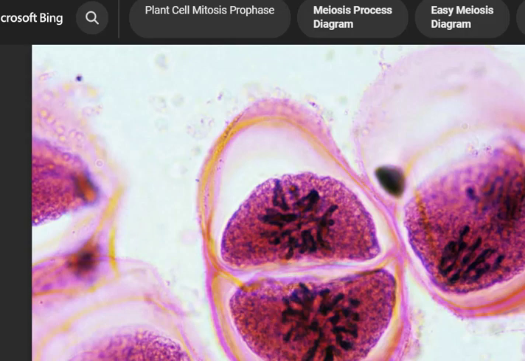There's a mirror image across from it. So that's the thing that gives it away. If you just saw this half up here, you can say, well, I don't know, it might be prophase. But when you see this, where they're across from each other, you know that that's telophase, and it's about to do cytokinesis right through there, and then you'll have two different cells.